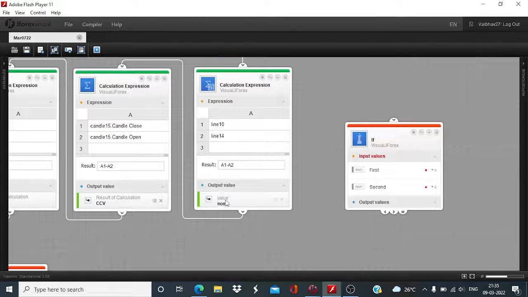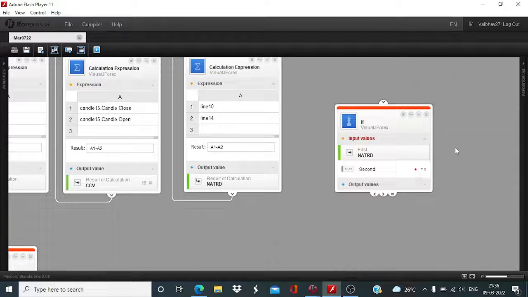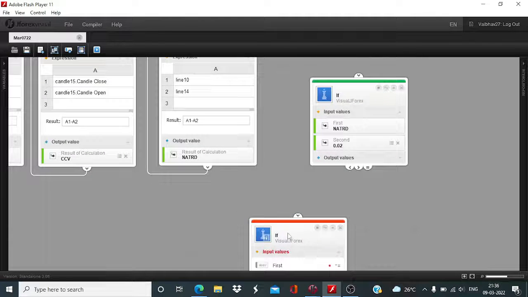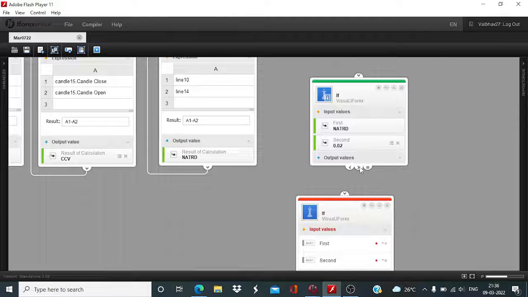So I will take this output value, the NATR difference, and it needs to be greater than 0.02. So here first input greater than second input.